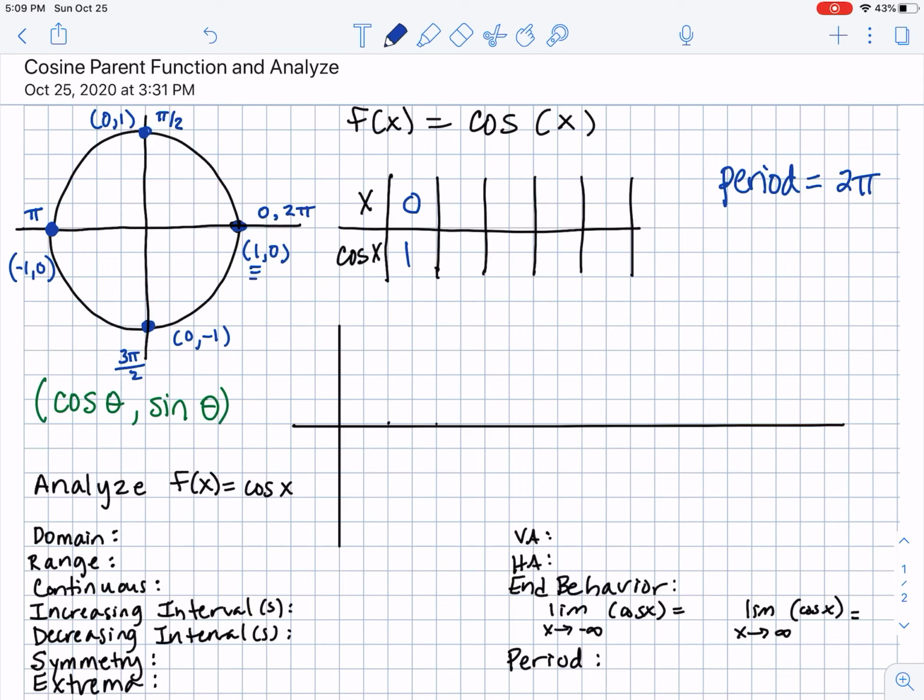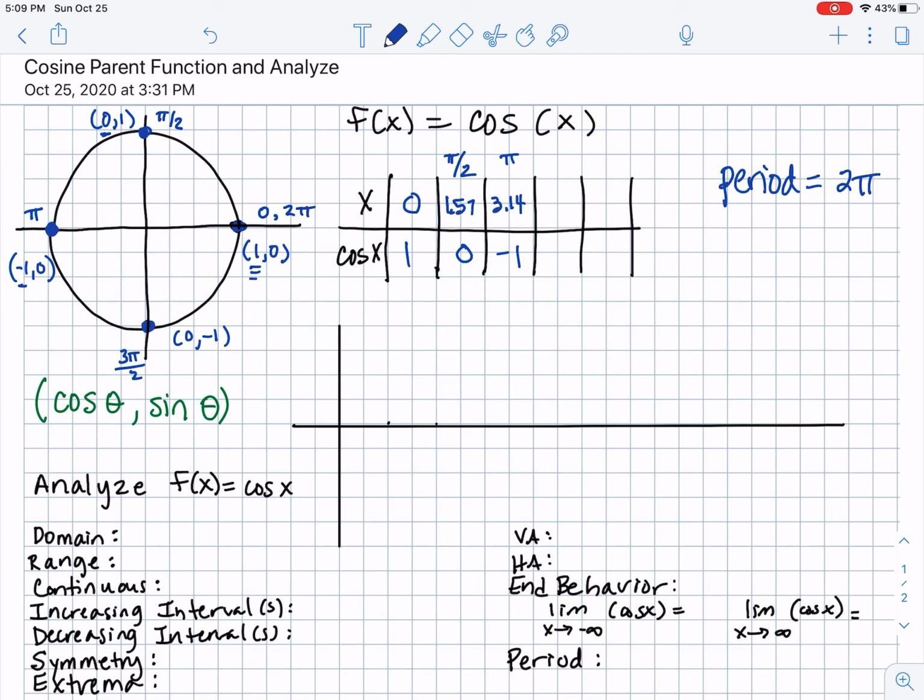And then if we rotate and go to pi over 2, and pi over 2 in a decimal we have learned is 1.57, that x value is 0. And then if we go to pi, which is 3.14, that x value is negative 1.